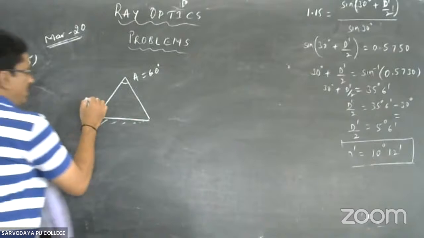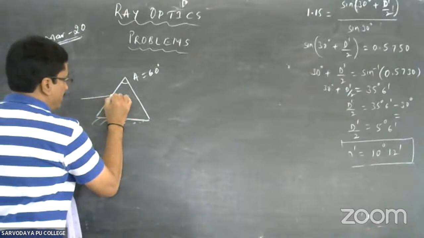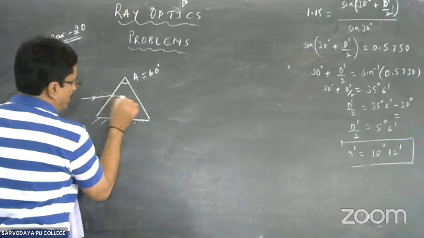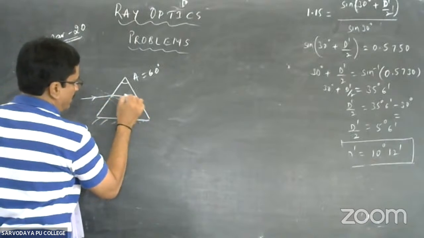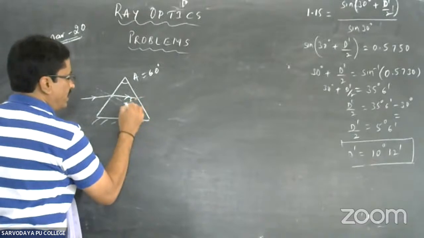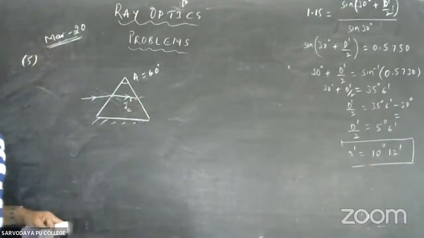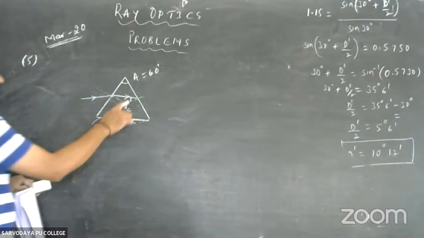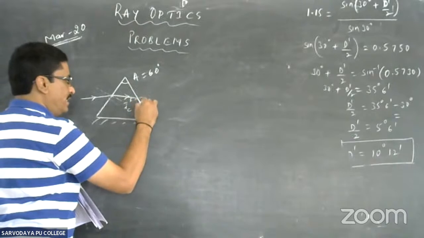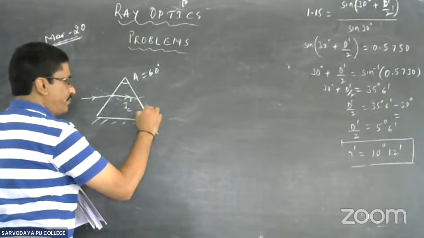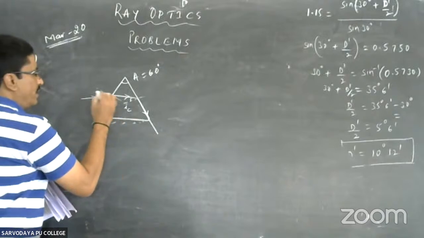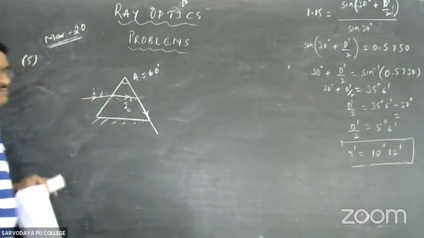Now let us consider the angle of incidence such that here the angle is equal to critical angle. If the angle of incidence at the second refracting face becomes equal to critical angle, then it grazes the interface. And for this to happen, I is the angle of incidence.